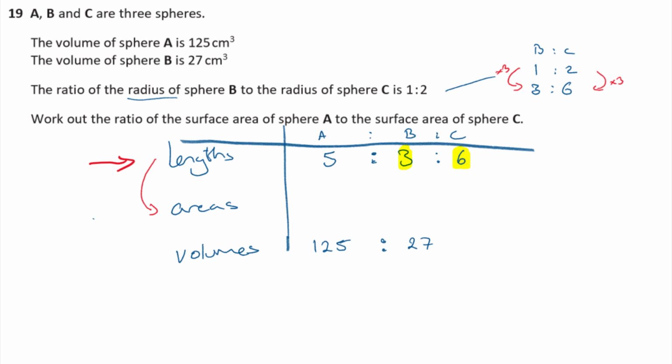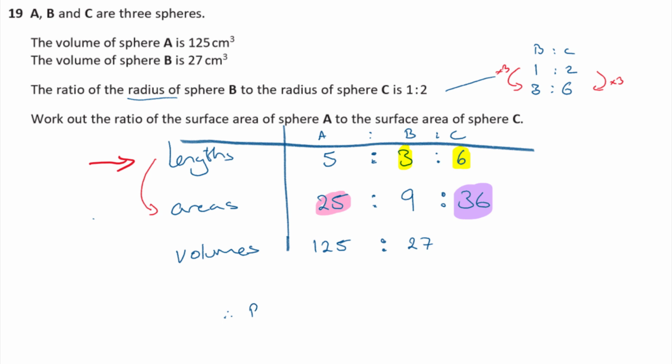Squaring 5, I get 25. Squaring 3, I get 9. And squaring 6, I get 36. Now we wanted the ratio of the surface area of sphere A to the surface area of sphere C. They are in the ratio of 25 to 36.